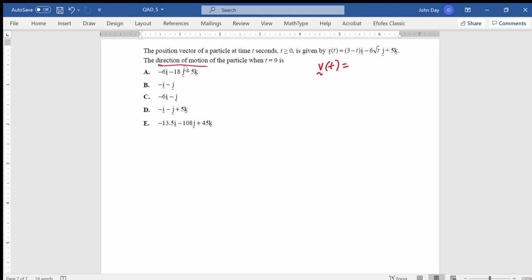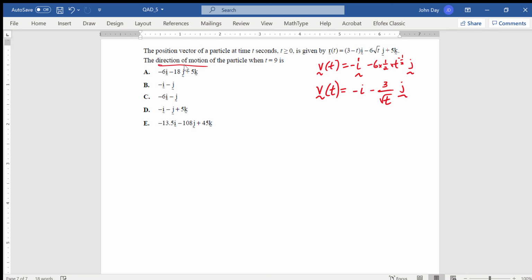So that's minus 1, so it's just minus i. And that there will be a minus 6 times a half times t to the minus a half, j, and that'll be 0 for 5k because it's just 5. So we've got minus i and minus 3 on root t j is what we need.